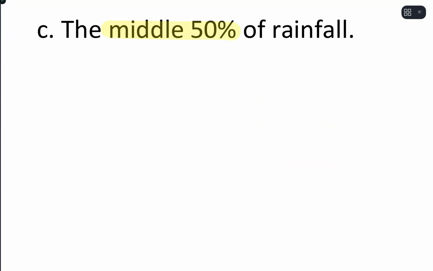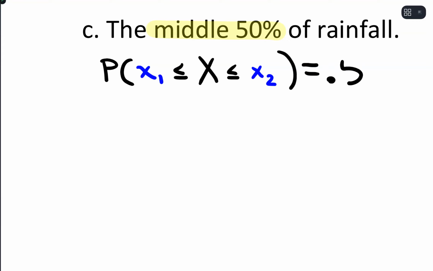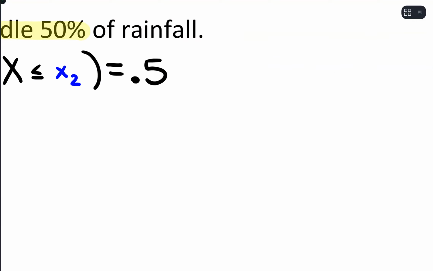What we're looking for overall is the probability of x1 less than or equal to our variable x less than or equal to x2. Oh, and sorry, that probability is 50%. And we want to get out those x1 and x2 values.